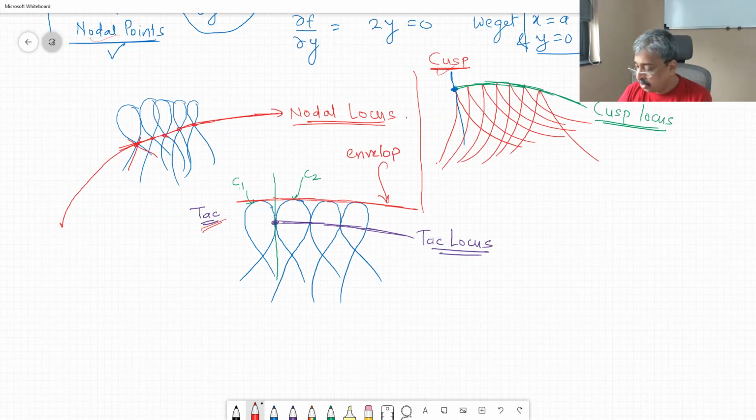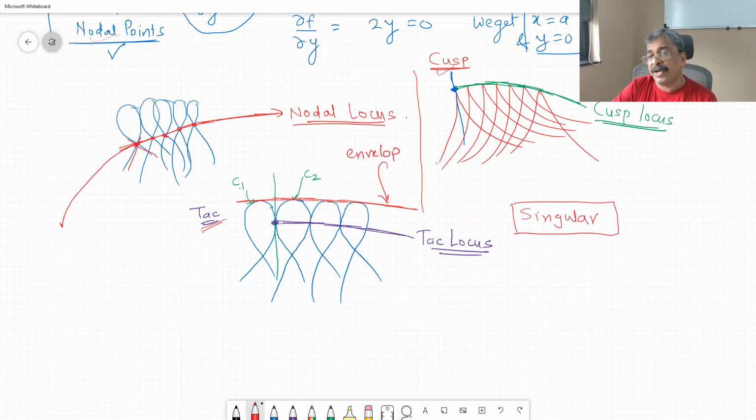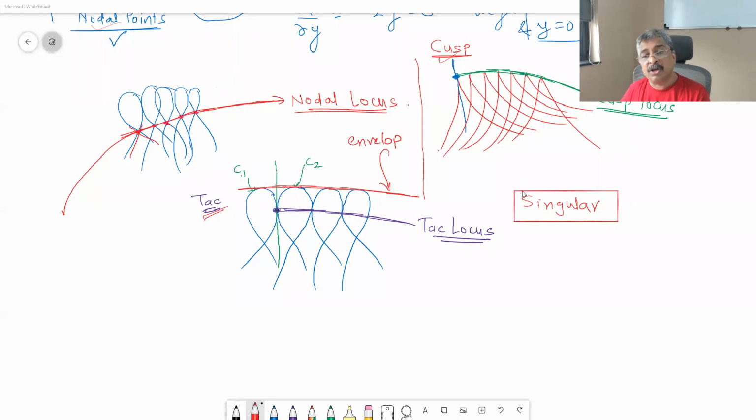All of them are singular: one of a kind, special, having nothing to do with the family, and will not have any constant involved in them. That is why they are called singular. And the one singular locus that happens to satisfy the original differential equation, we call it the singular solution.